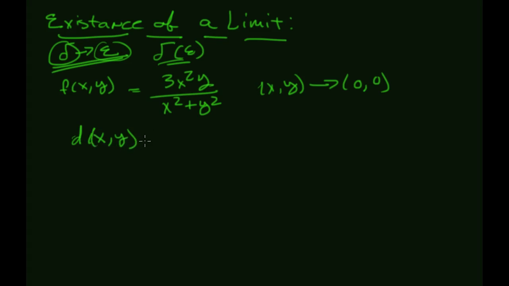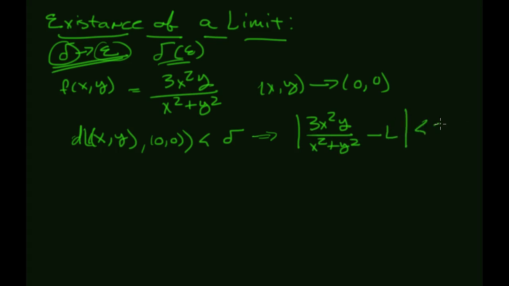So this is the distance of (x, y) to the origin is less than delta, right? Then I want 3x squared y over x squared plus y squared, so the distance between the function and L, to be less than epsilon.